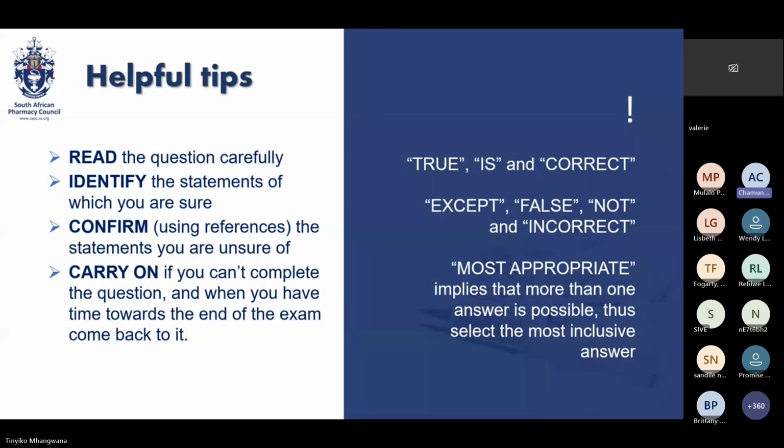So it's important that you read, identify those and try to understand. Please read the question carefully, identify the statements which you're sure of, and confirm using the recommended references the statements that you're unsure of. You can always carry on if you can't complete the question, and when you have time towards the end of the exam, you can come back to it.